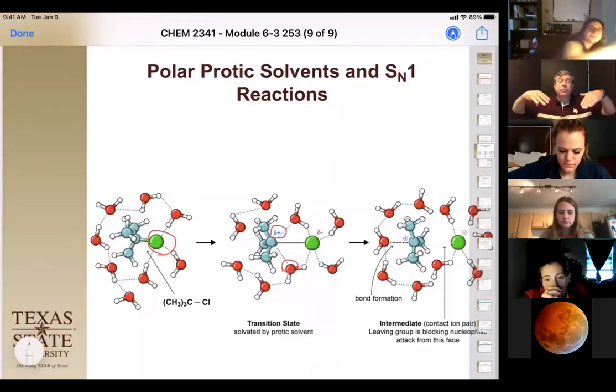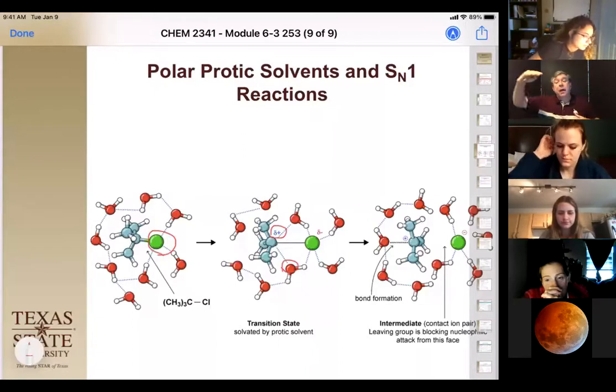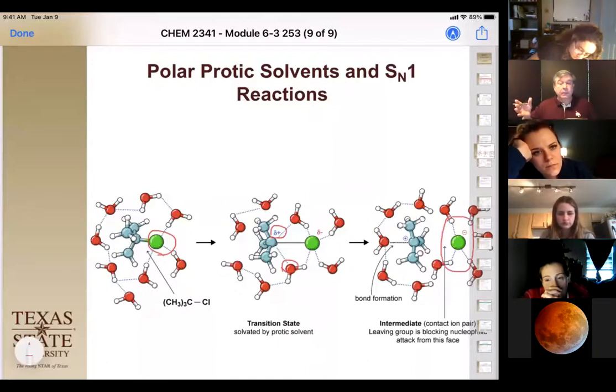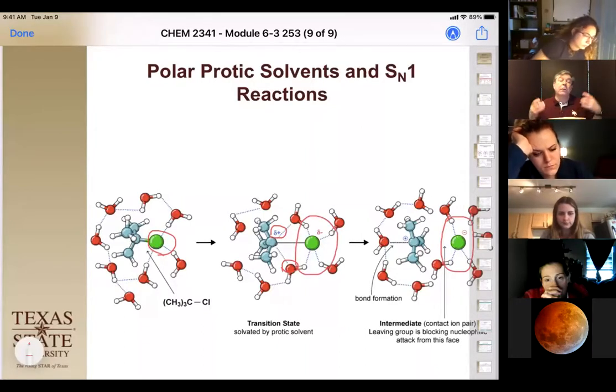So with several water molecules, the oxygen side is going to help stabilize that positive charge above and below the plane, while the hydrogen bonding portion helps stabilize the ion going. Remember, ion hydrogen bonding is one of our really strong bonds. That strong bond is helping the reaction go to form that intermediate.